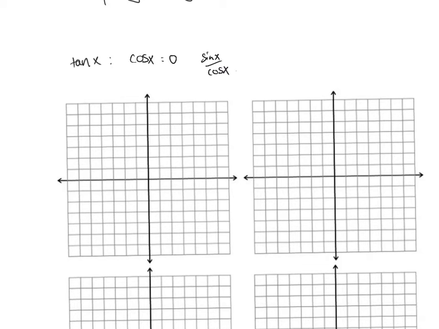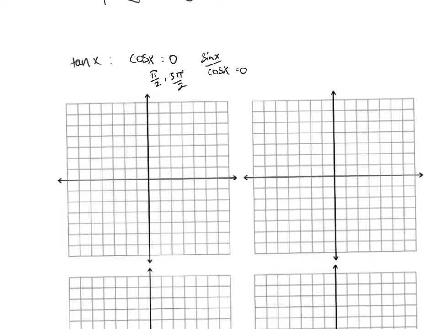So if cosine of x equals 0, that cannot happen. So there are our asymptotes. And cosine of x is 0 at pi over 2, at the 90-degree intervals, and 3 pi over 2.